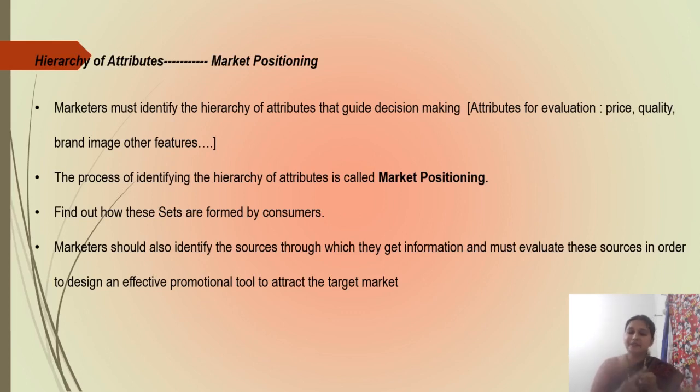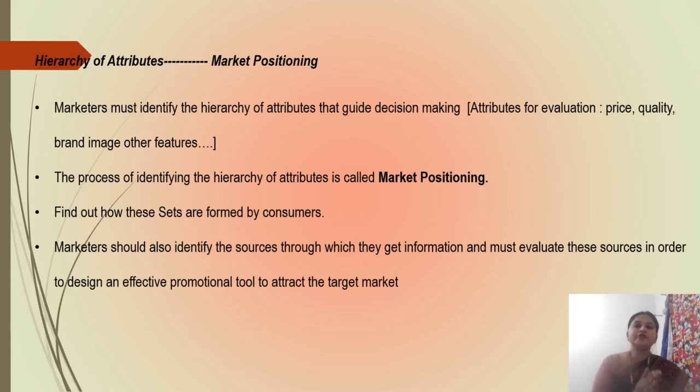If a person is giving priority to price, then he is price dominant. If a person is giving priority to quality, then he is quality dominant. And if the person is giving priority to brand, then he is brand dominant. The process of identifying the hierarchy of attributes is called market positioning.